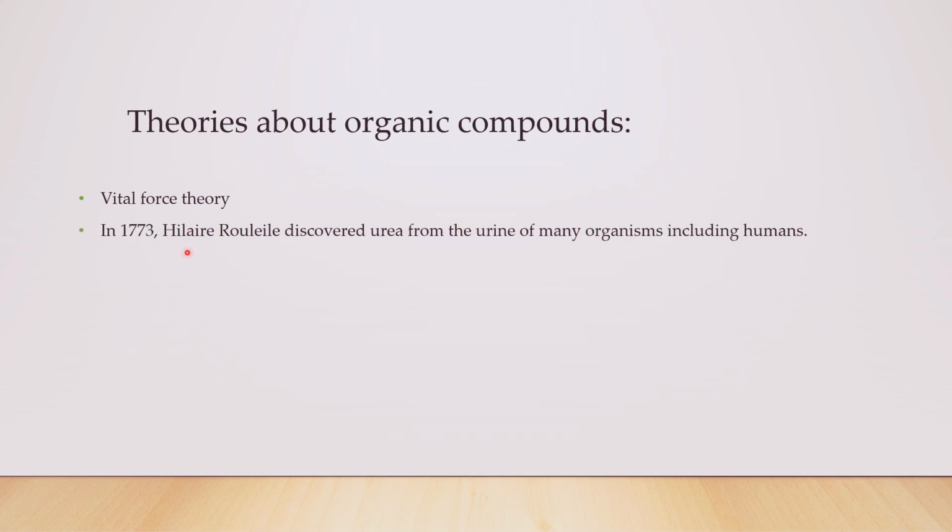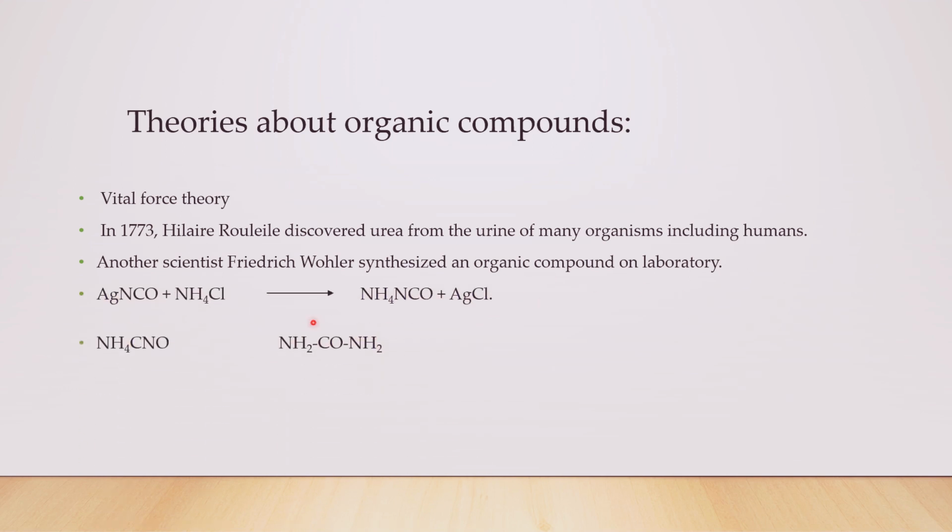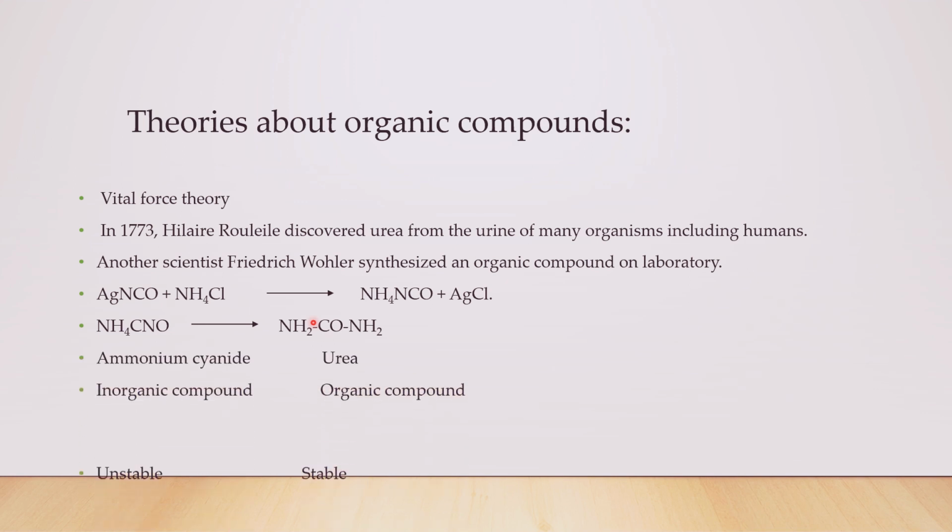And another scientist, Hilaire Rouelle, discovered urea from the urine of many organisms, including humans. And then the next scientist is Friedrich Wöhler. He synthesized an organic compound in the laboratory. Let us see the reaction. Okay, this is the reaction.